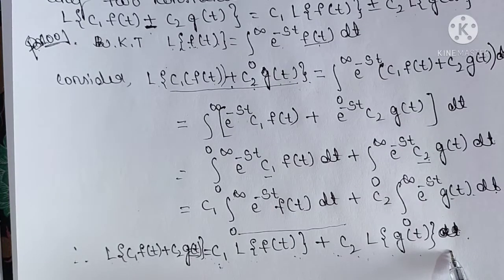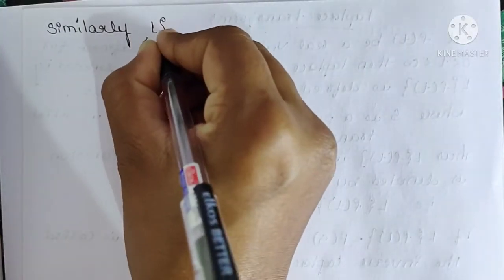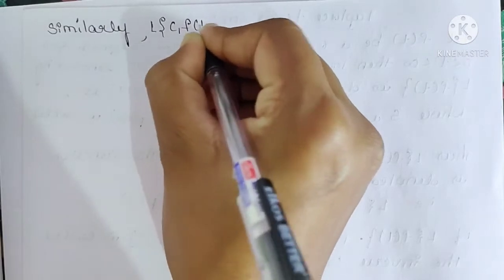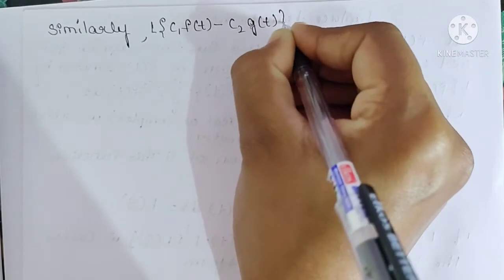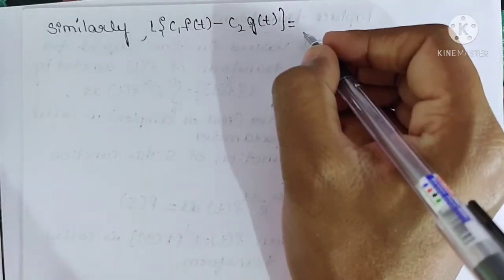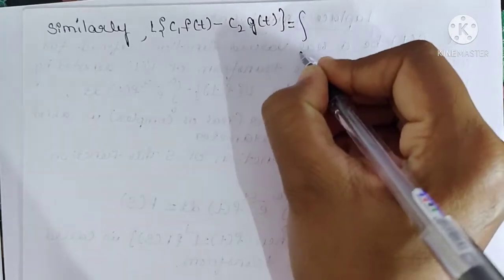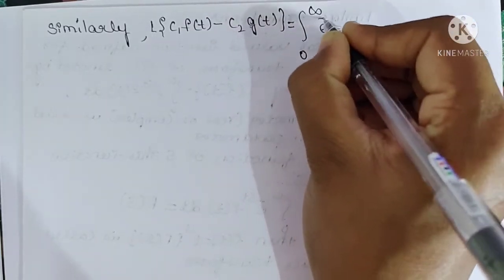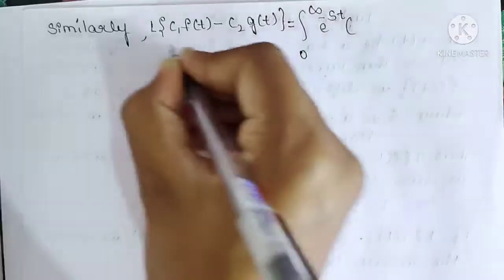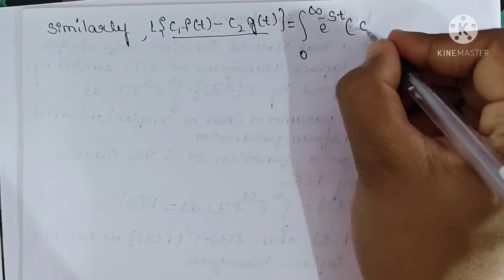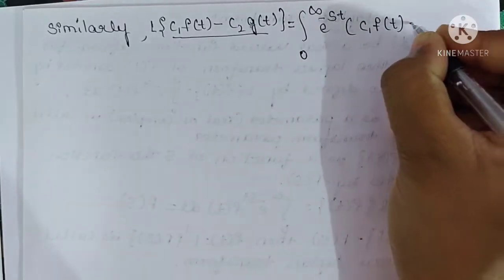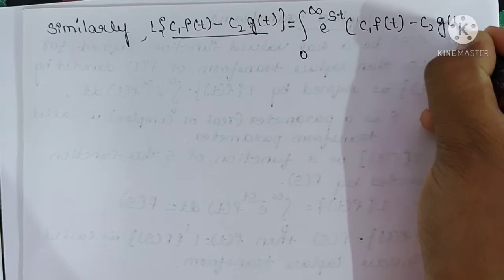Similarly, we can consider the minus sign. L of c1 f(t) minus c2 g(t) is equal to, by the definition of Laplace transform, this can be written as integral from 0 to infinity of e^(-st). Here the function is c1 f(t) minus c2 g(t), into dt.